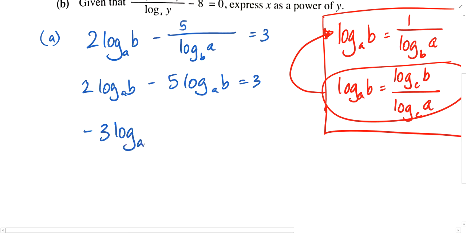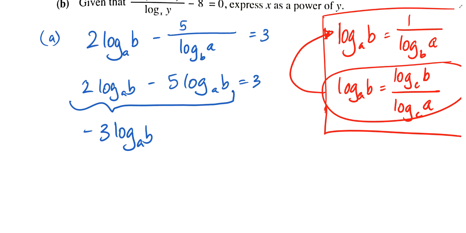You're saying that this entire thing becomes this? How is it that you're able to do it so quickly? Because I heard some people say power law, implying that they want to take log a b power 2 minus log a b power 5. Is there a need to do that? No need for now. Because you have 2 apples minus 5 apples, you get negative 3 apples. Get it?